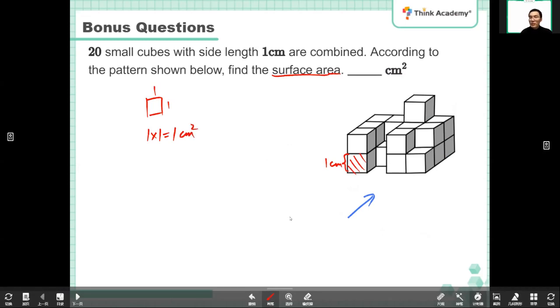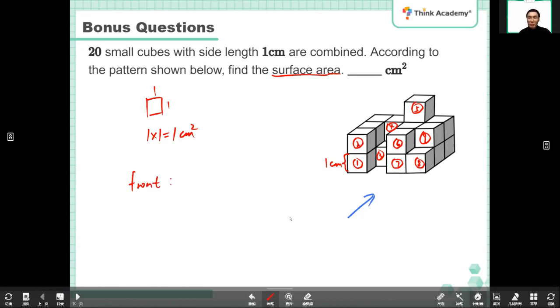So we just need to count how many faces we have, and that will be the area. So let's count: 1, 2, 3, 4, 5, 6, 7, 8, 9. So we have 9 for the front view, when we're looking right at this shape.